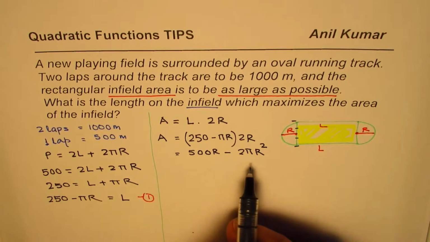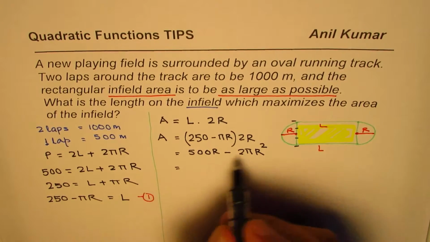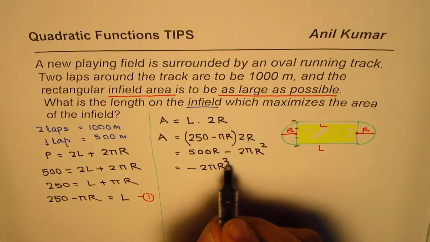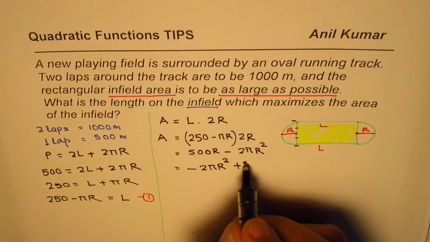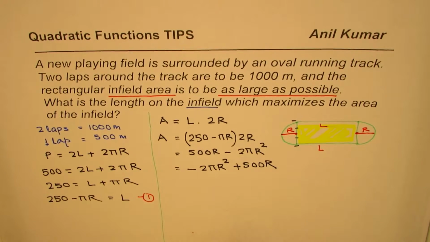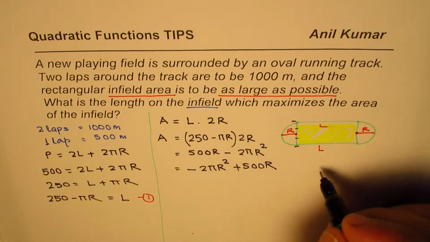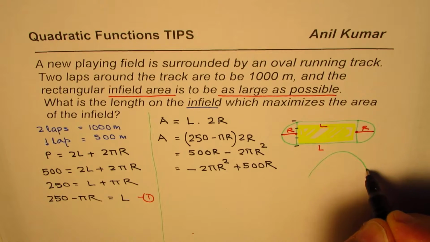Now this is a quadratic equation, right? Let me rewrite this as minus 2 pi r square plus 500r, right? So that is the quadratic equation. Now this quadratic equation in R suggests that it will be a parabola, kind of like this. Is it okay? Like this.